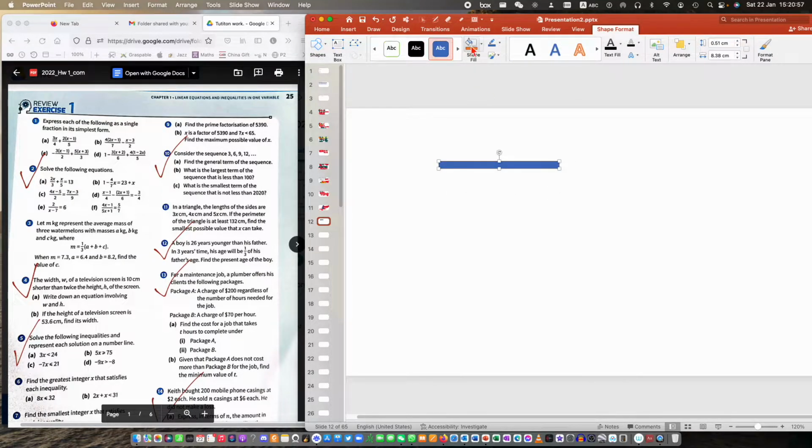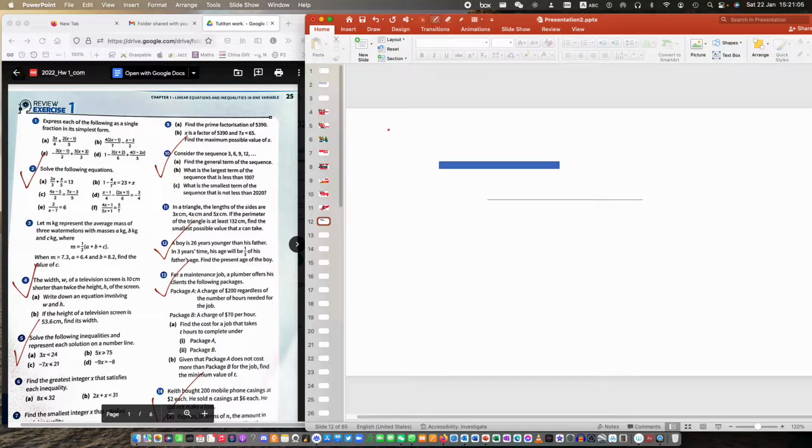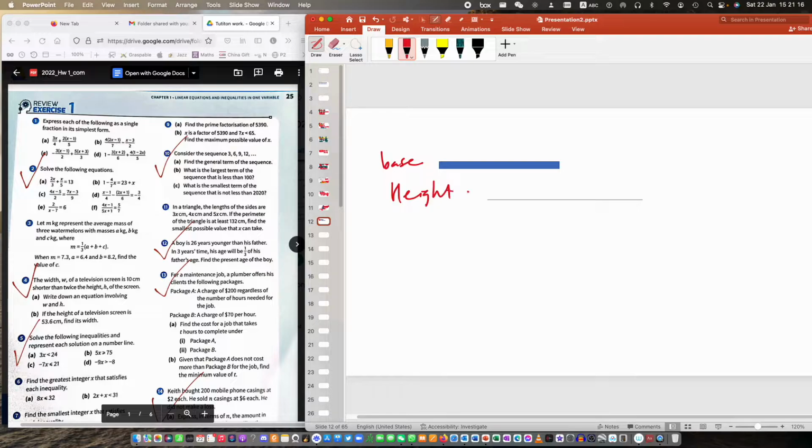This is the base. This is the height. So they say what? Height is 3 cm longer than the base. Repeat.